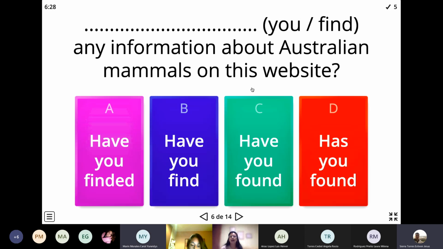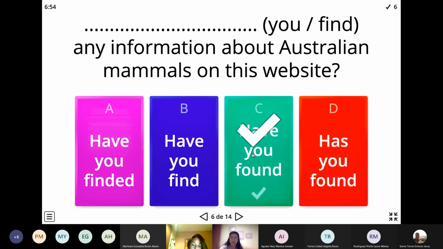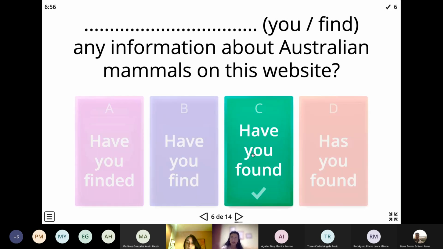Can you read it, please? Read the question. Have you found any information about Australian mammals on this website? Very good. Have you found? The past participle of find is found. Very good. Continue. Next one.